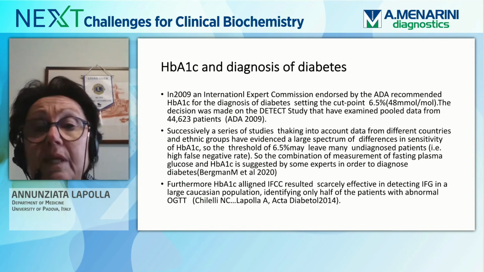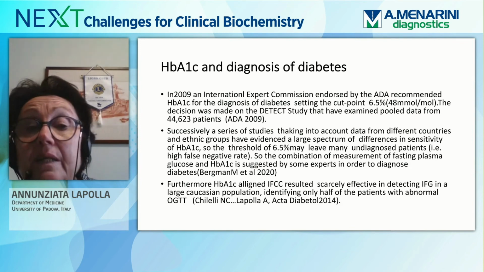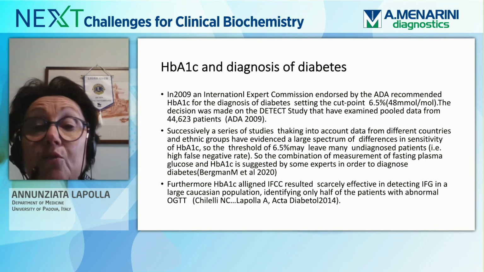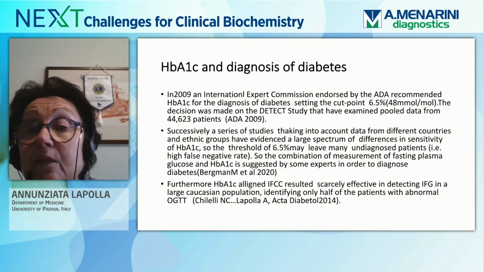But what about HbA1c and the diagnosis of diabetes? The International Expert Commission, endorsed by the ADA in 2009, recommended HbA1c for the diagnosis of diabetes and set the cutoff point at 6.5%.